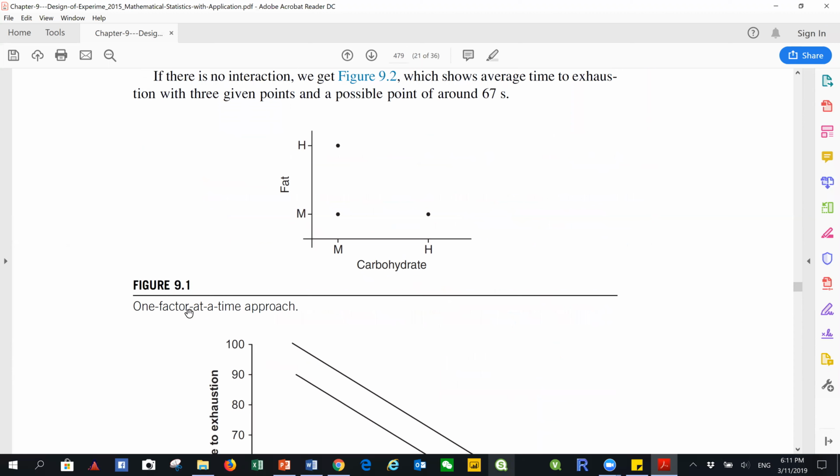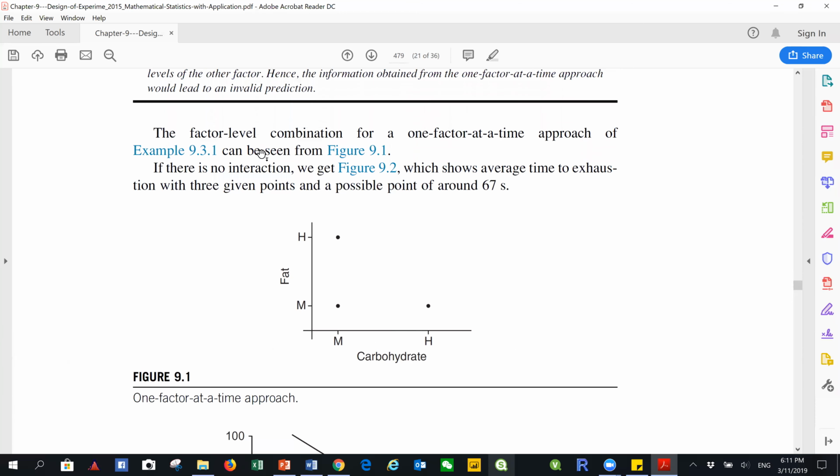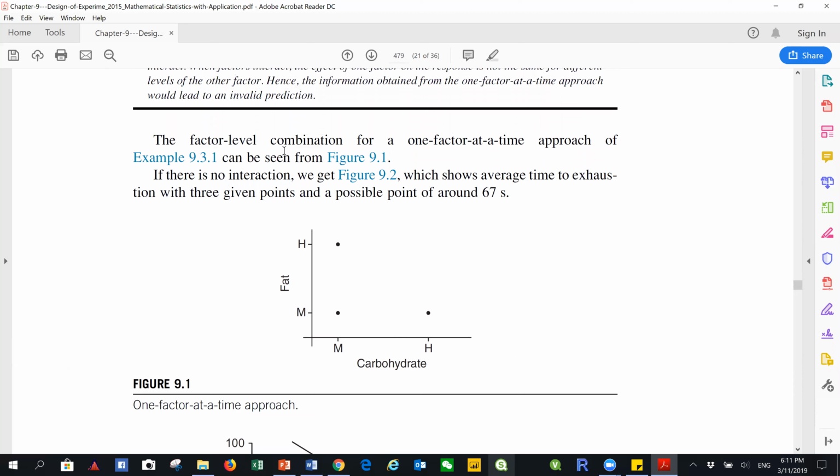Here is figure 9.1, one factor at a time. One factor at a time means you only look at the factor level combination.